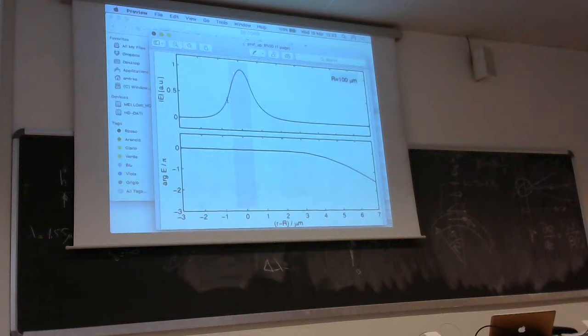The maximum is in the core, but you see that it's a little bit asymmetric. Here is a little bit higher than this point. So the mode started to be squeezed against the external part. And the phase is absolutely flat, but at some point, far away from the waveguide, it started to bend.